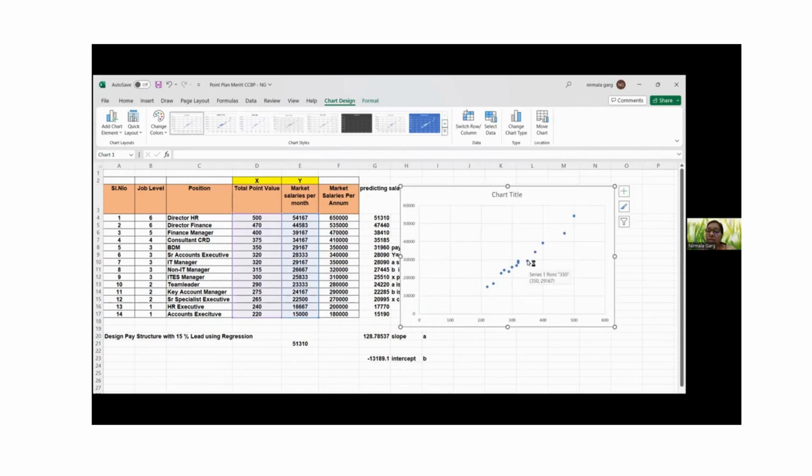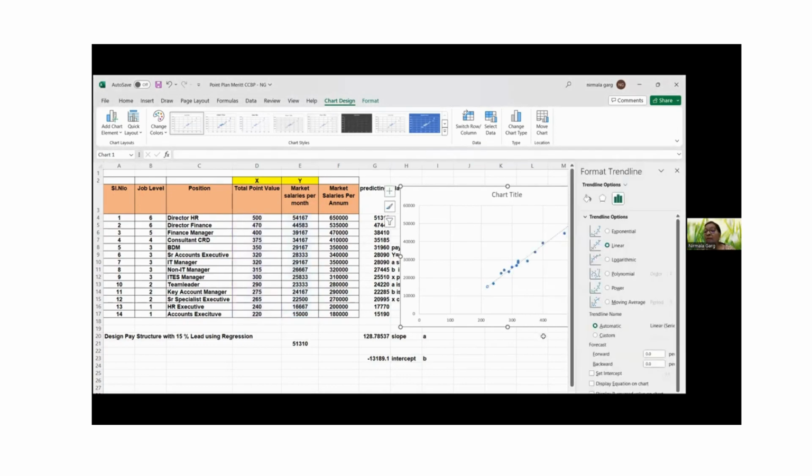I have to do a scattergram and draw a trend line. Add a trend line. And what trend line will you do? A linear. Can you see this format trend line? Linear. And you also have to display equation on chart and display R square.